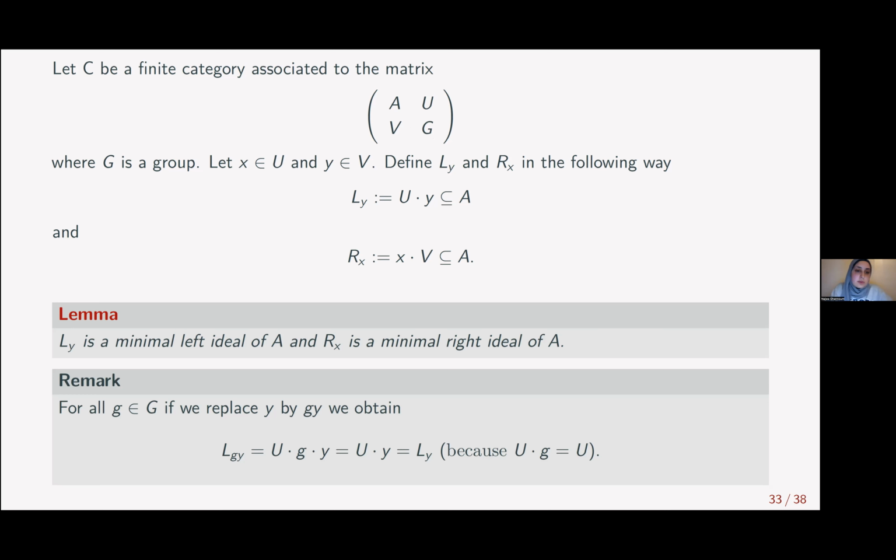We can replace Y by GY. It's also the same for the other side: we can replace X by XG.